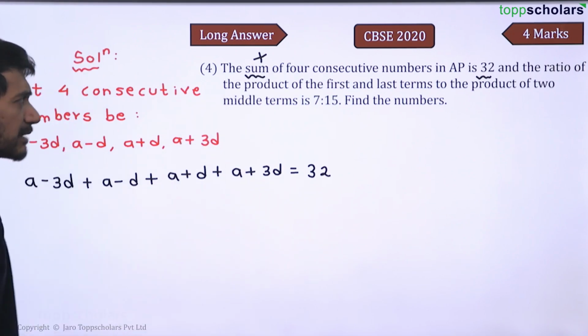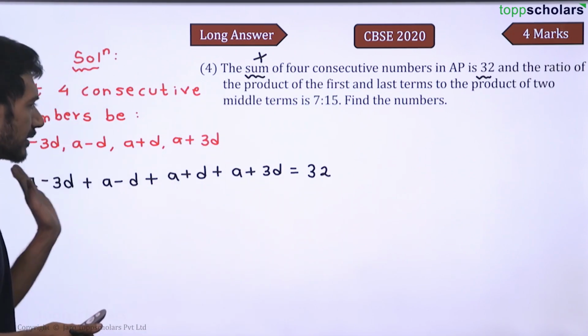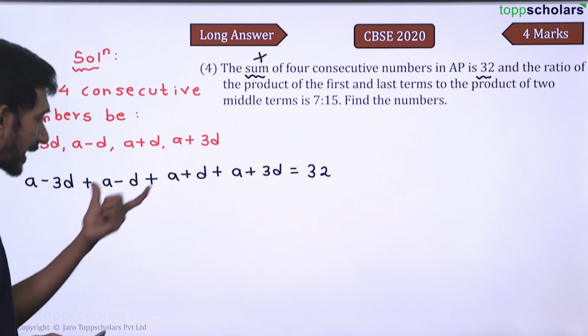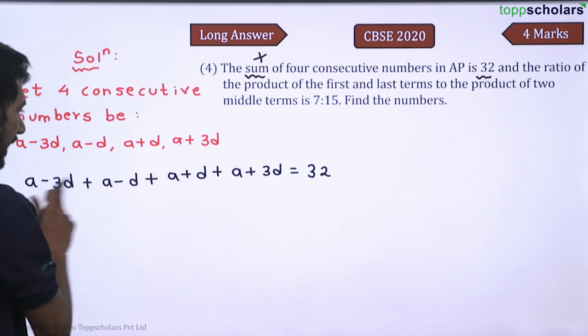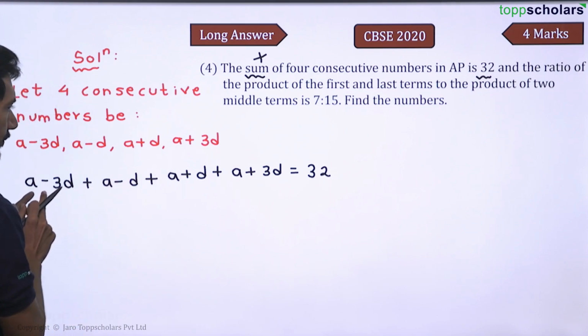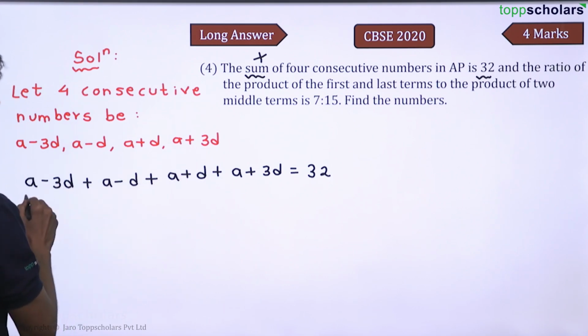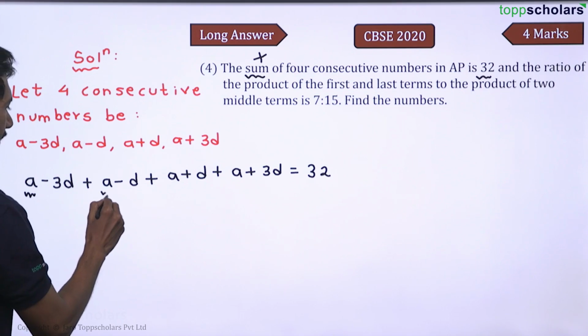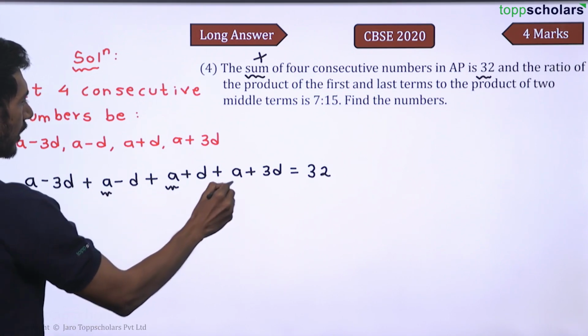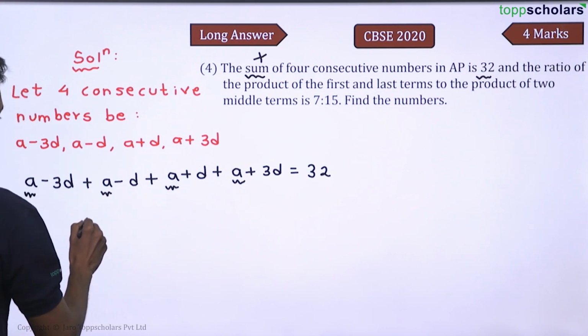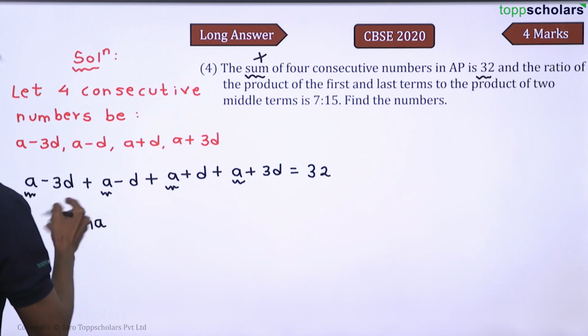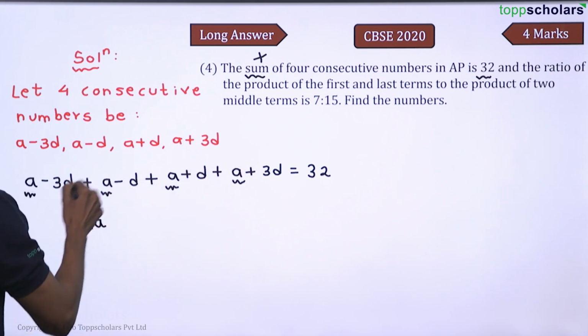Let's not read the second part. Let's first understand and see what conclusion we get from this part. A and, if you see, A and A and A and A, right? How many times A? Can I say I'm having 4A over here? Minus 3D plus 3D, can I cancel?